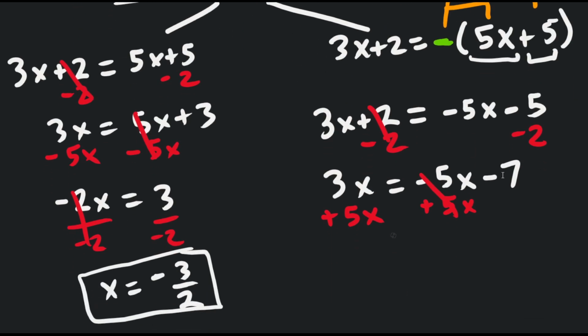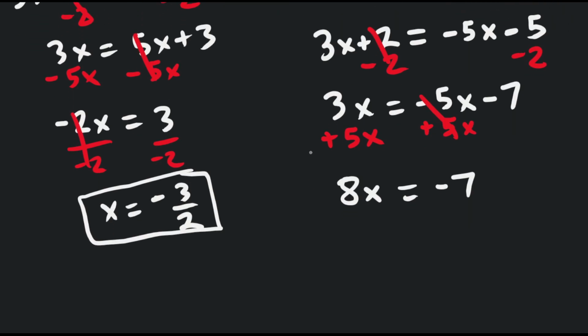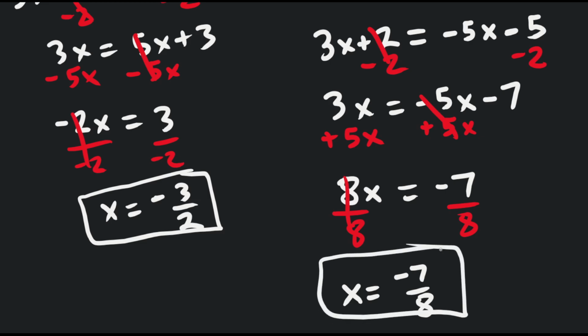What's 3x plus 5x? That is 8x. So 8x equals negative 7. And in order to finally isolate the x, we can divide both sides by 8. So x equals negative 7 over 8.